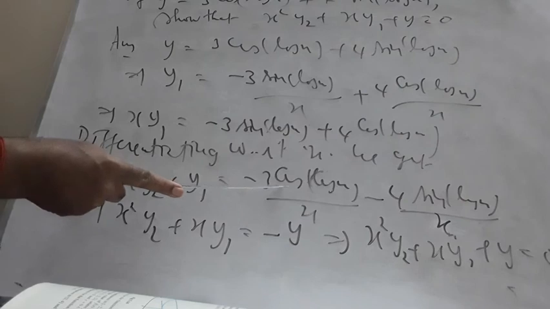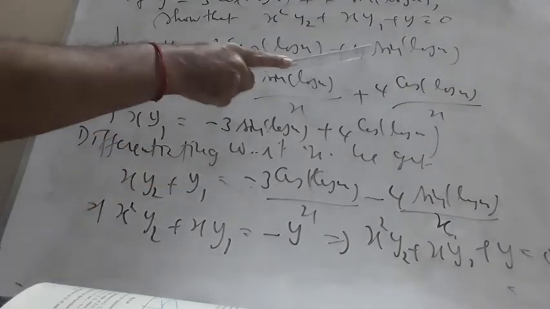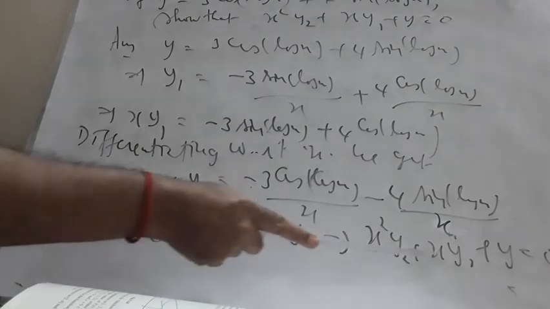Cross multiply x: x² y2 plus x y1 is equal to minus y, taking minus as common, minus of 3 cos log x plus 4 sin log x. Therefore, x² y2 plus x y1 plus y is equal to 0.